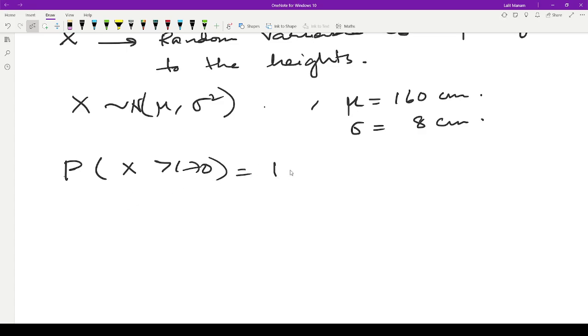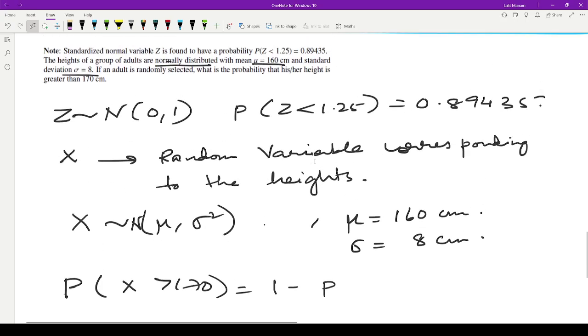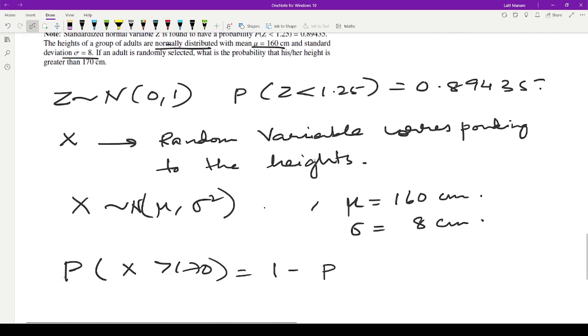So we can just try to manipulate it in this way. Probability X greater than 170 is, okay, I'll just try to take this as less than or equal to, so that the notations are consistent. So we can write this as 1 minus probability of X less than or equal to 170.